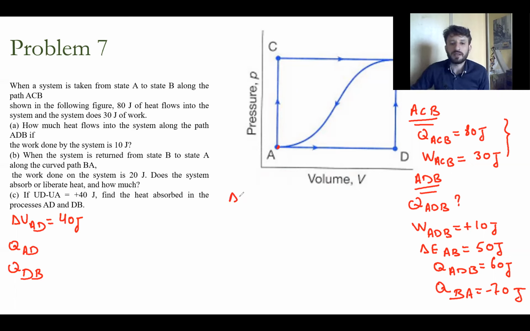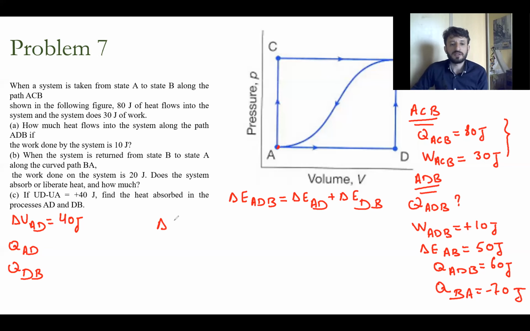You know, delta E ADB equals the summation of delta E AD plus delta E DB. We have the value of ADB and the value of AD, so we can calculate delta E DB. If we calculate delta E DB and we have W DB, we can find Q DB.